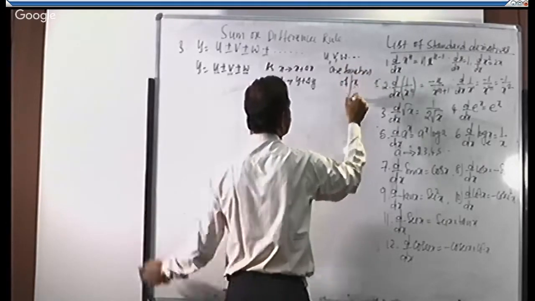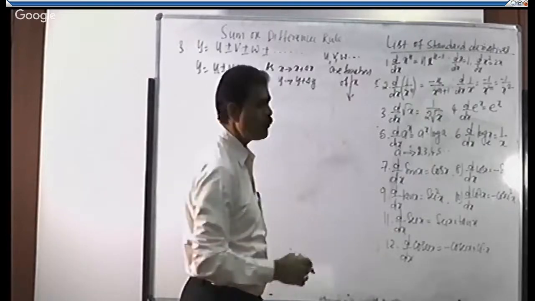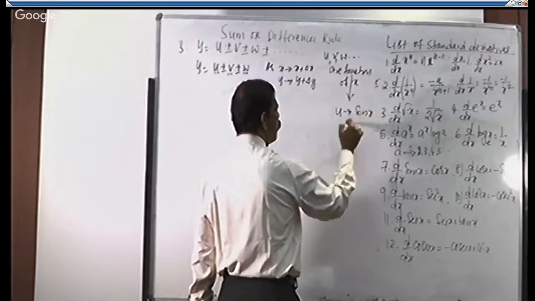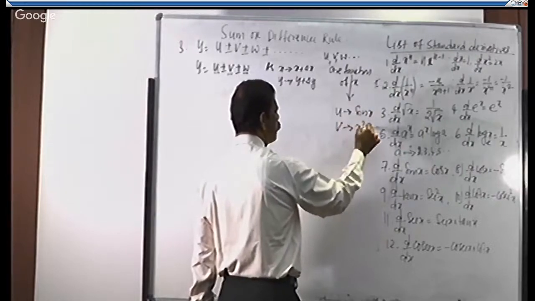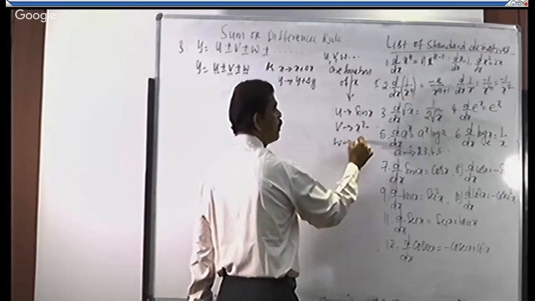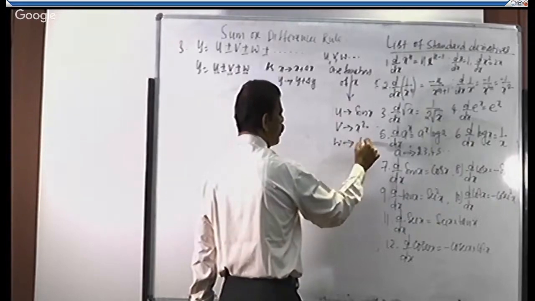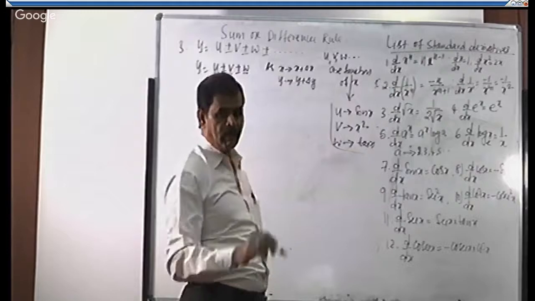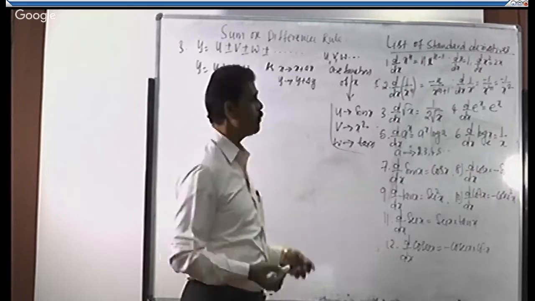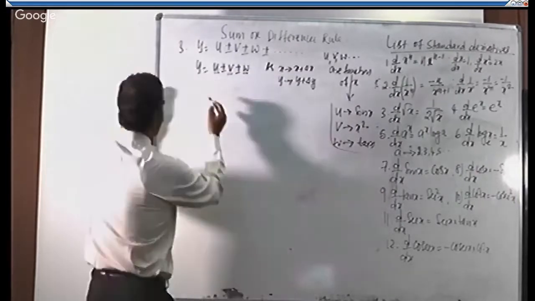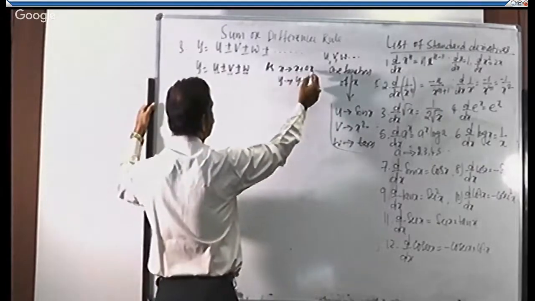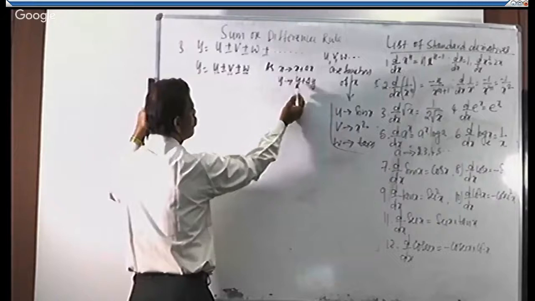What does it mean? Functions of x means u will be given in x only, v will be given in x only, w will be given in x only, like tan x. So function of x means it will be in x only, right? Now, according to the first principle, if x changes to x plus delta x, automatically y changes to y plus delta y.